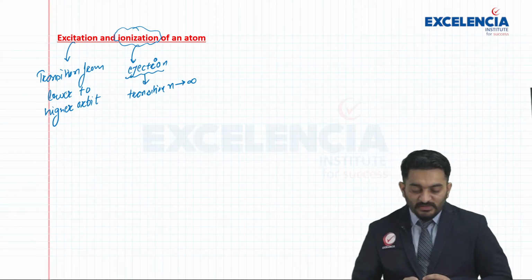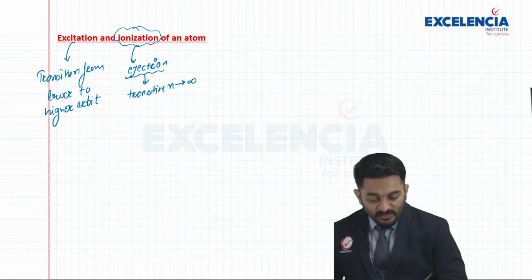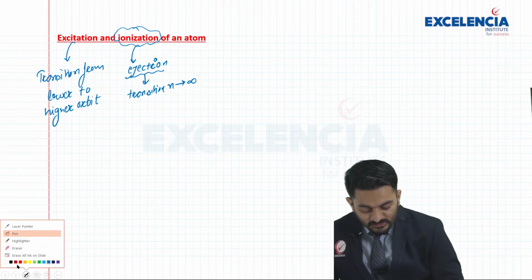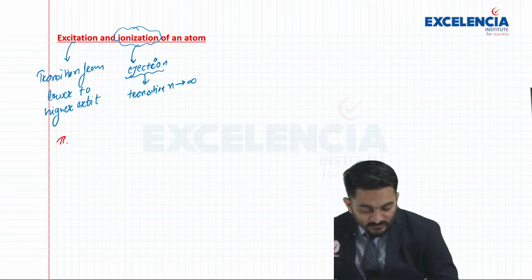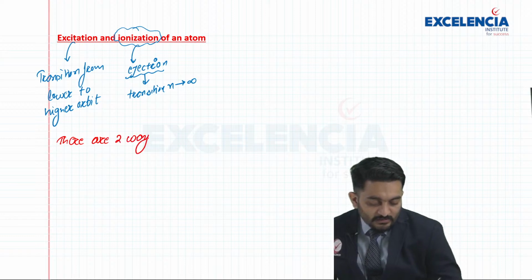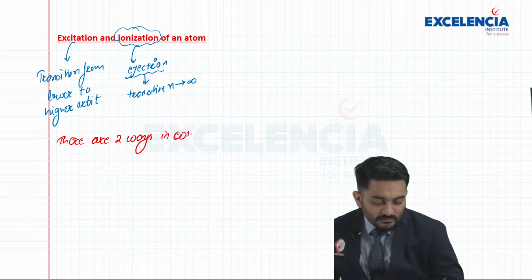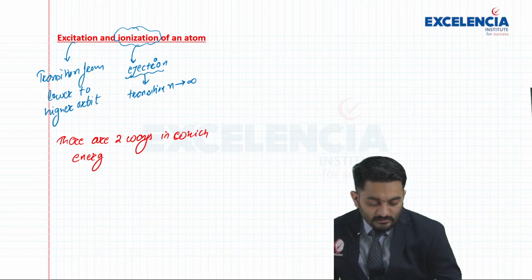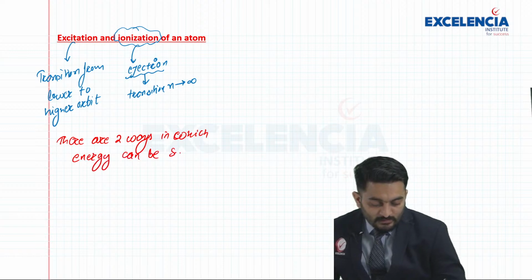There is one particular thing you need to understand: there are two ways in which energy can be supplied for excitation and ionization.